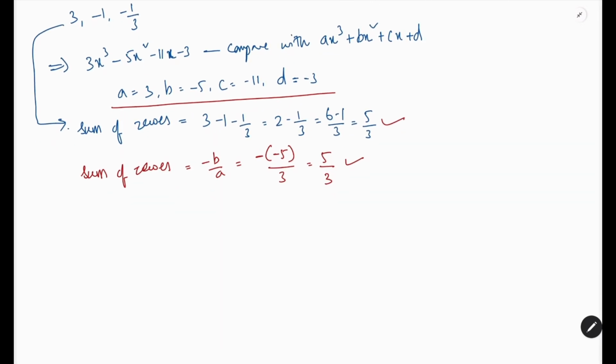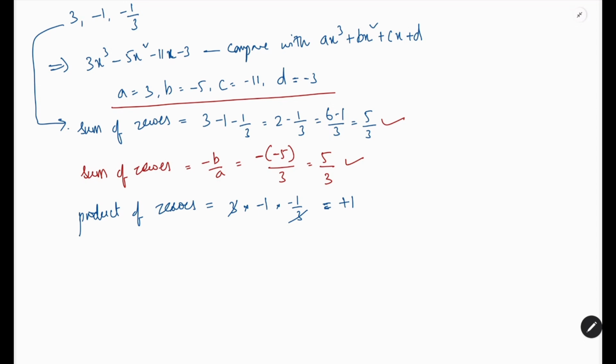Now we will do the product of zeros. Product of zeros equal to 3 into minus 1 into minus 1 by 3. 3 and 3 cancel, minus 1 will be plus 1.